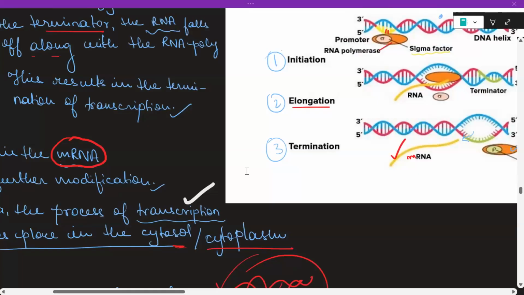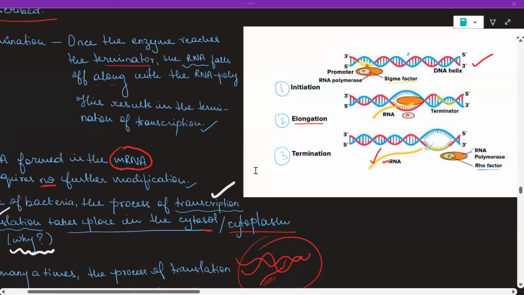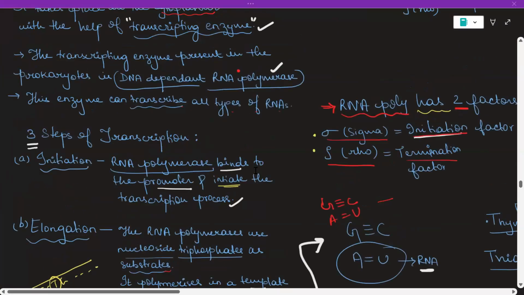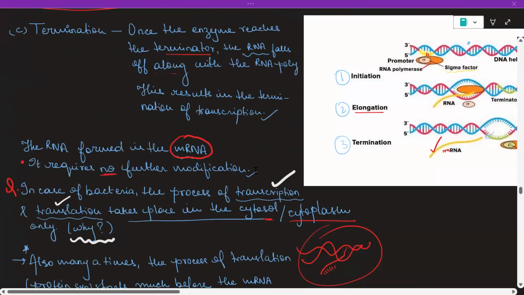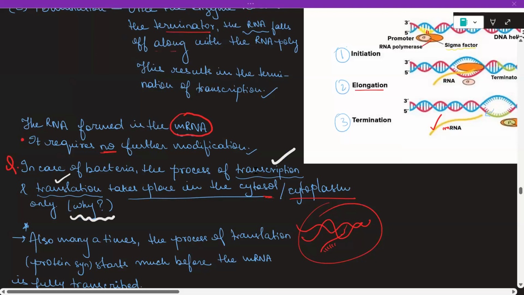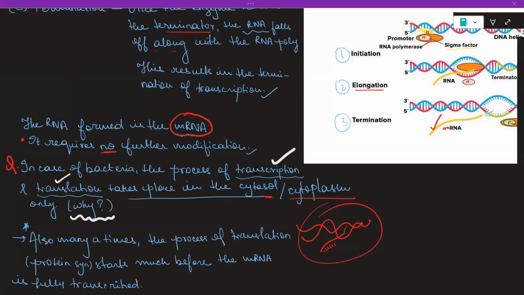Ma'am, termination is like the last process where it concludes. Which part? Prokaryote or eukaryote? Last part as in the RNA does not require any modification.